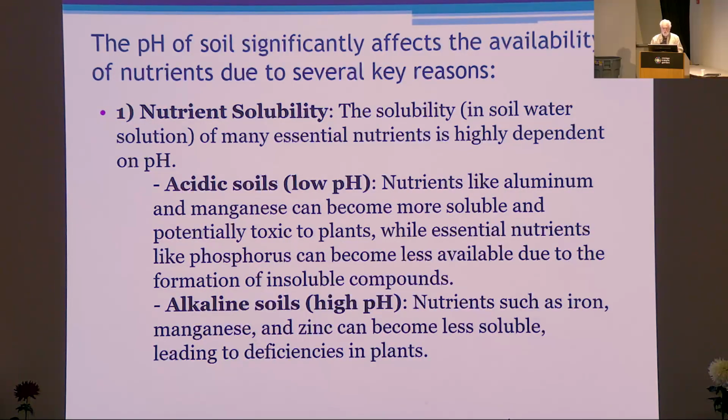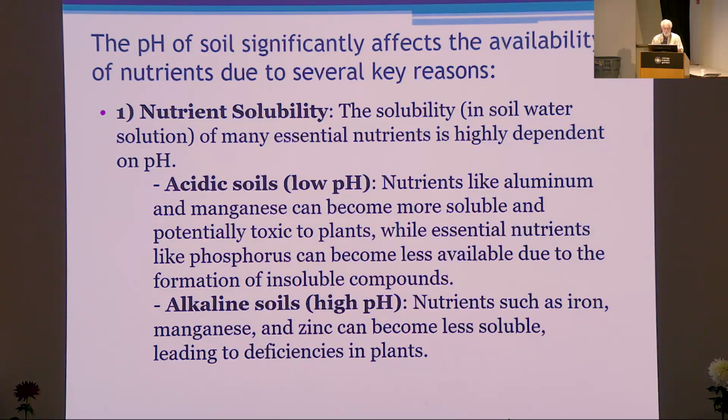So in extremely acidic soils, a very low pH, this is generally less than a pH of 6.5, nutrients like aluminum and manganese, so these are micronutrients that are needed in very small amounts, become more soluble in that water component, and when roots are absorbing water through mass flow or through diffusion, roots are going to take up these nutrients in large amounts because they're more readily available in highly acidic soil.